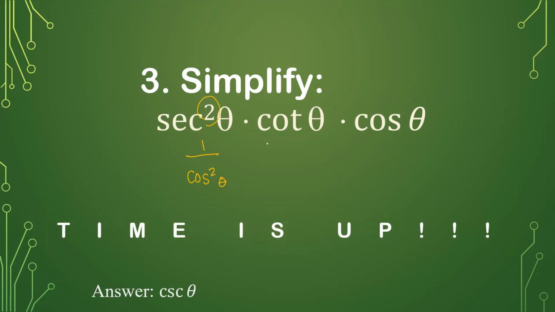Square daw no? Tapos cotangent is cosine theta over sine theta multiplied by cosine theta. Ayan, so magka-cancel. Cosine theta times cosine theta is cosine squared theta, so it will cancel with that 1. So ang natira is 1 over sine theta, which is equal to cosecant theta.